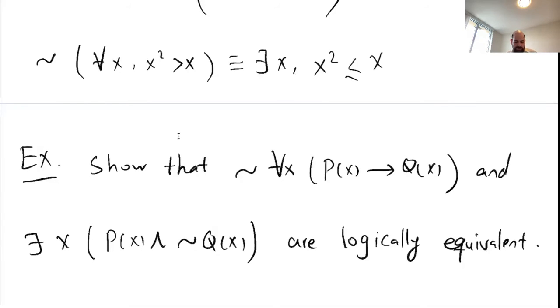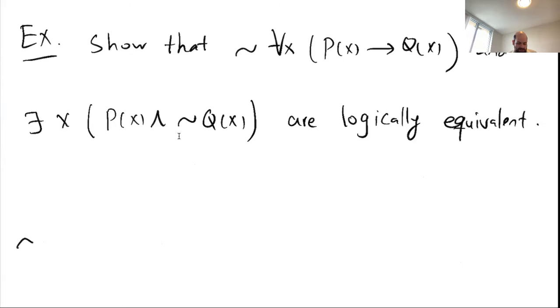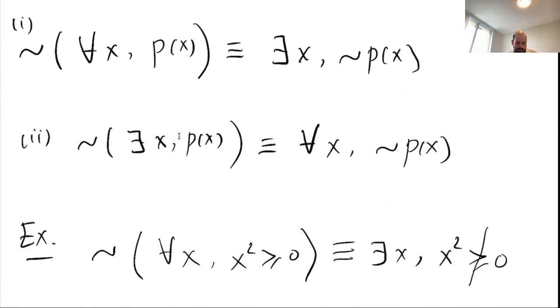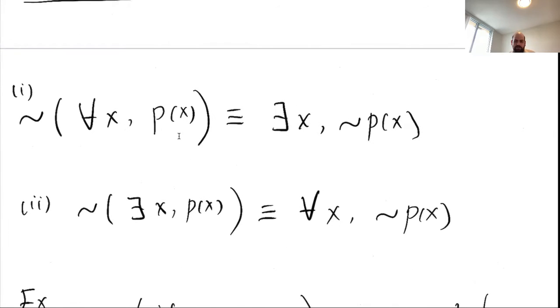We can start, for example, with the left-hand side, which is negation for each x, P of x implies Q of x. So we can start with this and try to get to the right-hand side. So negation of for each x something. So we can use identity one here: negation of for each x P of x is there exists x with negation P of x.